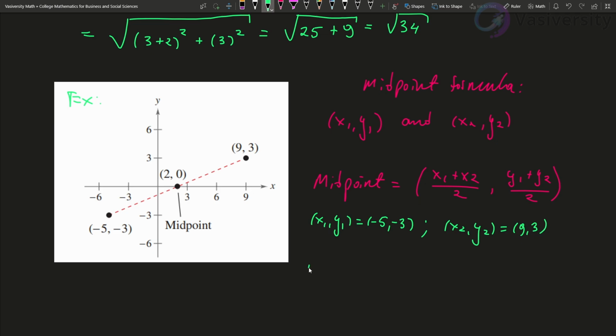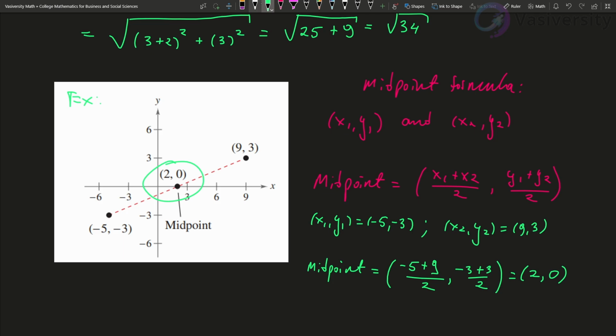So the midpoint is going to be -5 plus 9 over 2, comma, -3 plus 3 over 2. -5 plus 9, that's 4. 4 divided by 2, that's 2. -3 plus 3, that's 0. So our midpoint is 2, 0, and that is confirmed on the drawing.